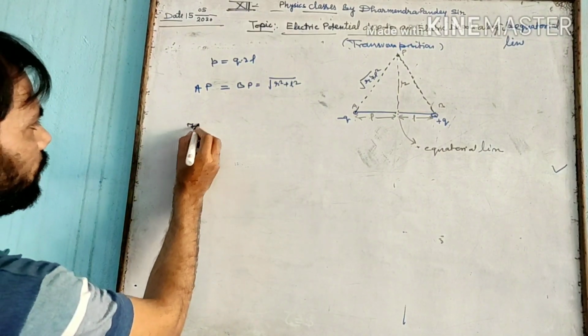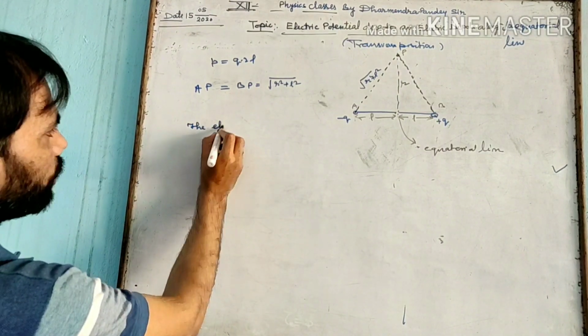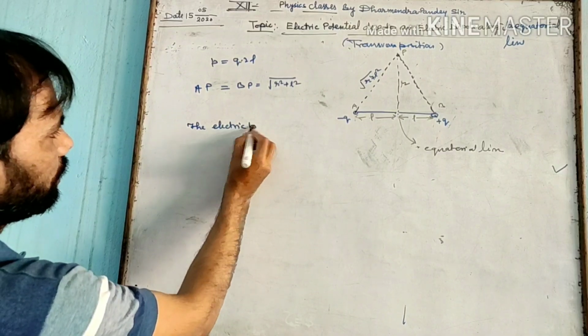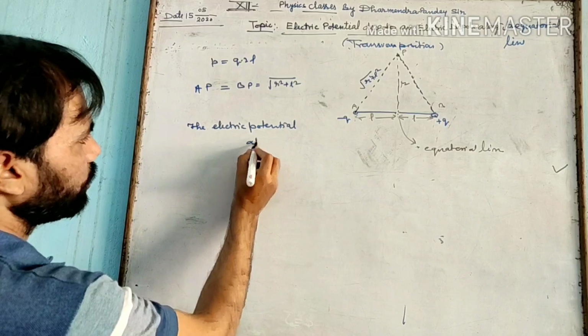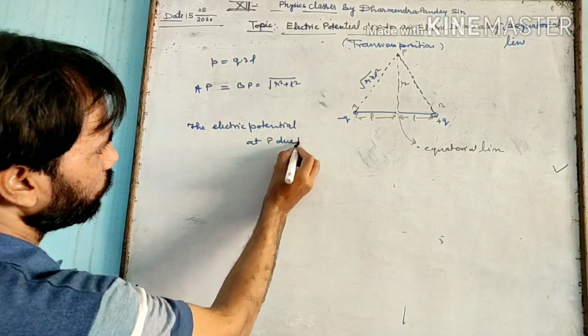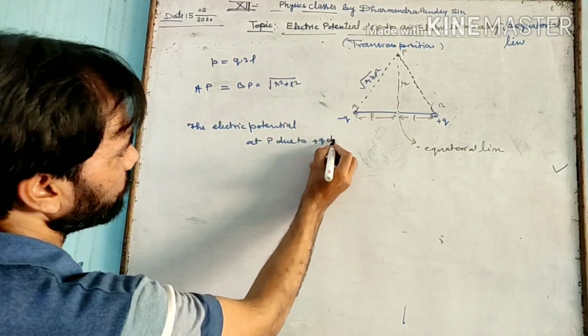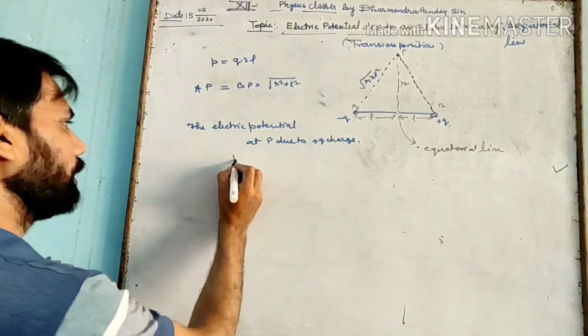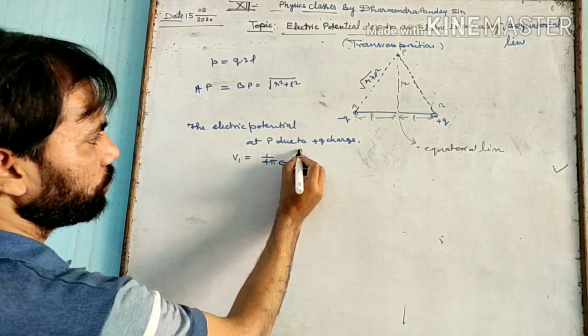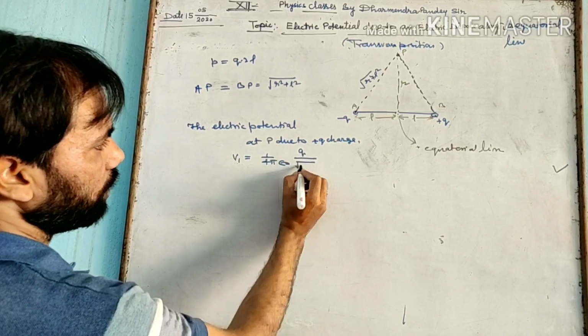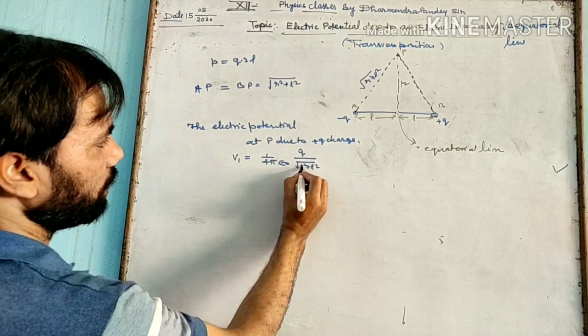So the electric potential at P due to plus Q charge, let this be V1 equal to 1 upon 4 pi epsilon 0 Q upon under root r square plus L square.